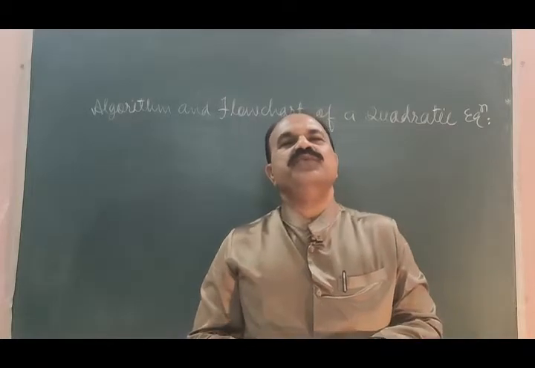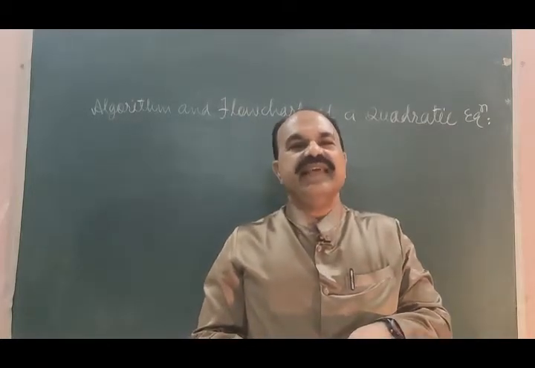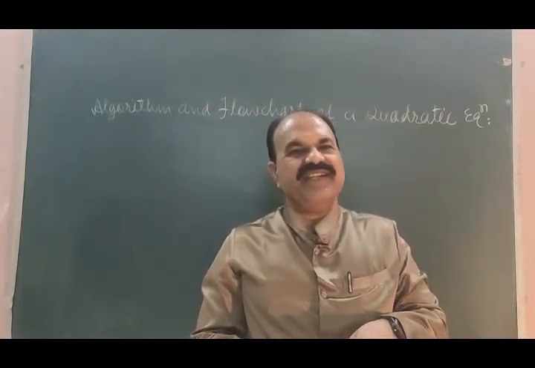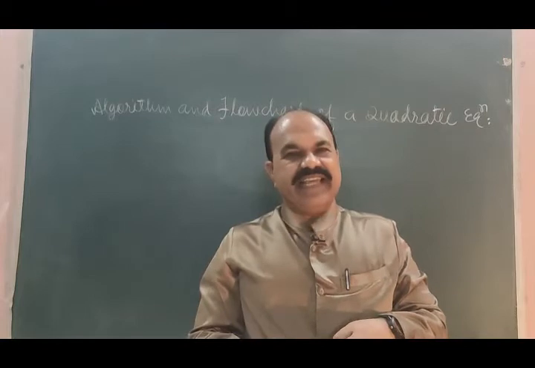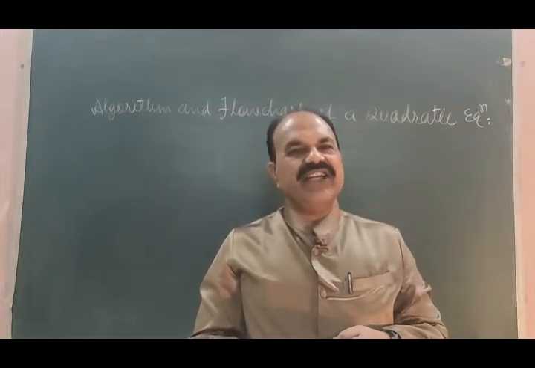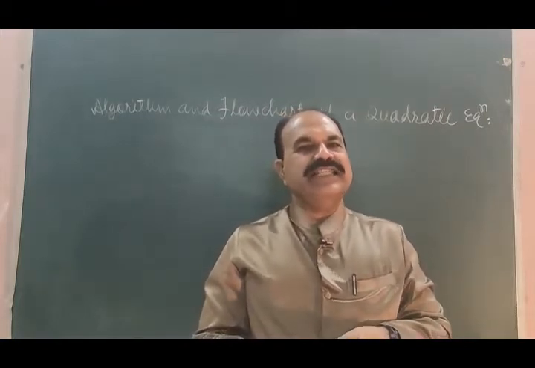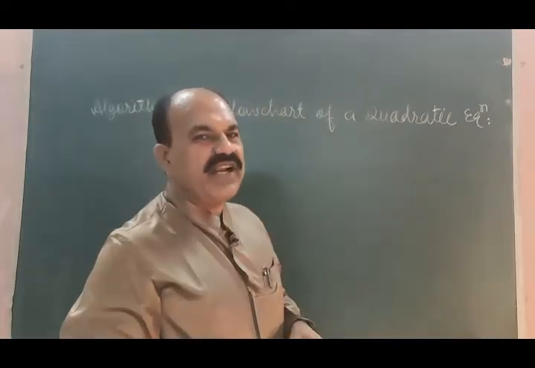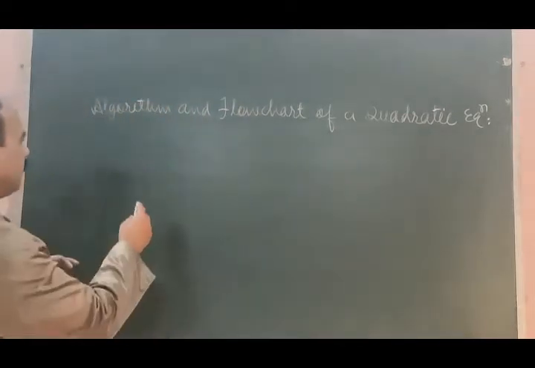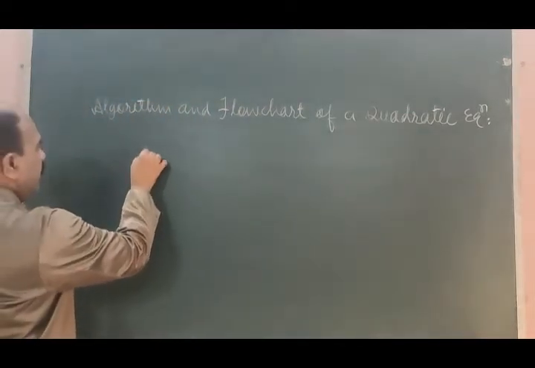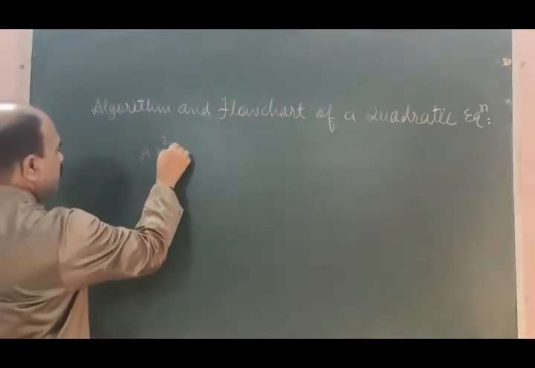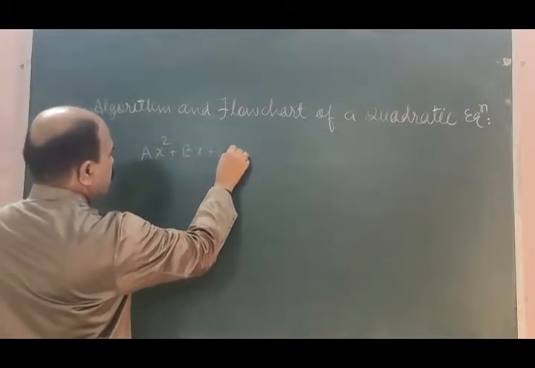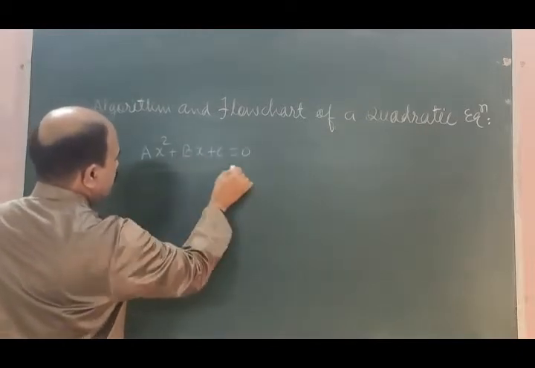Almost all of you may have the idea about quadratic equation because you played with the quadratic equations earlier in your school level in algebra. Quadratic equation: a x square plus bx plus c is equal to 0.